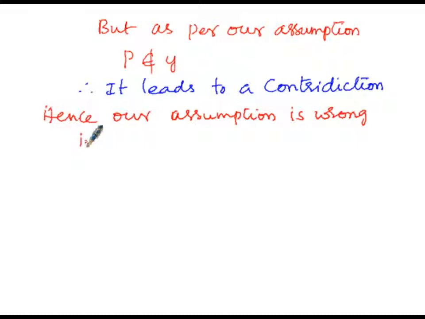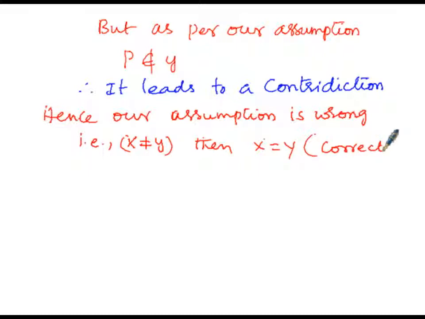That is, X not equal to Y is wrong. Then X equals Y is the correct one.